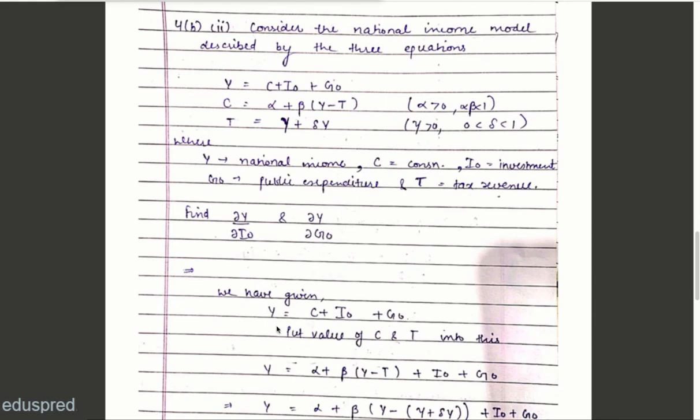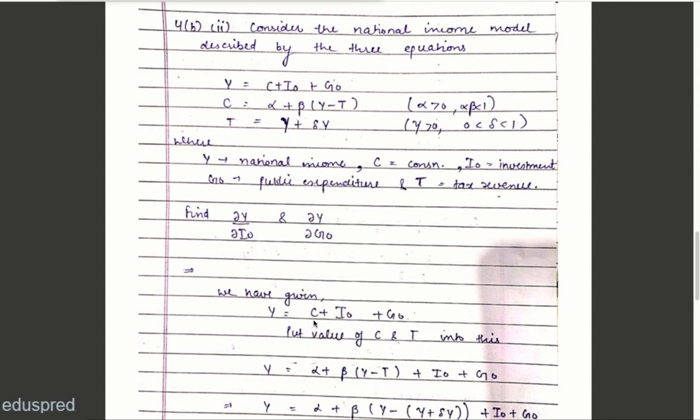Now we have been given that Y is equal to C plus I0 plus G0, and C is further a function of Y and T, and again T is a function of Y. Let's put in the values of C and T, which will give me Y is equal to alpha plus beta (Y minus T) plus I0 plus G0.